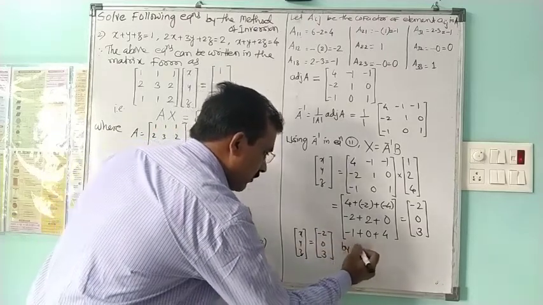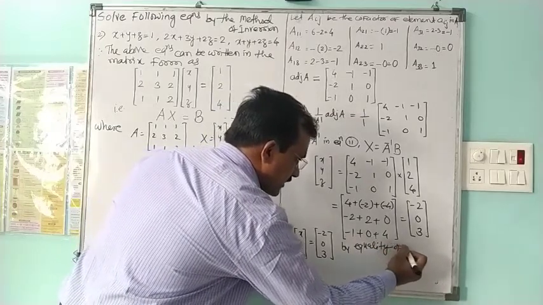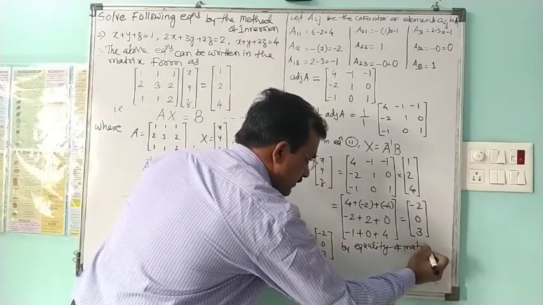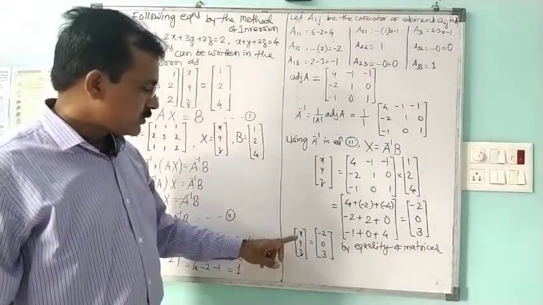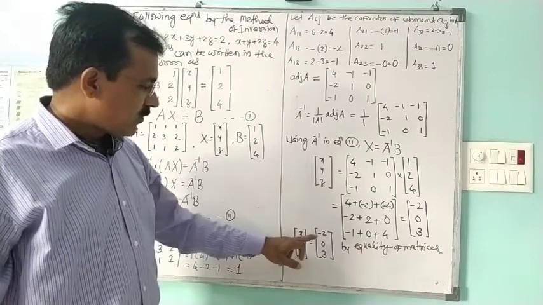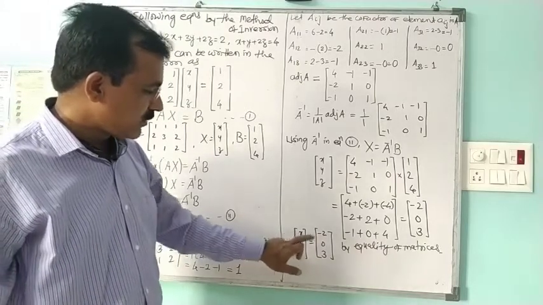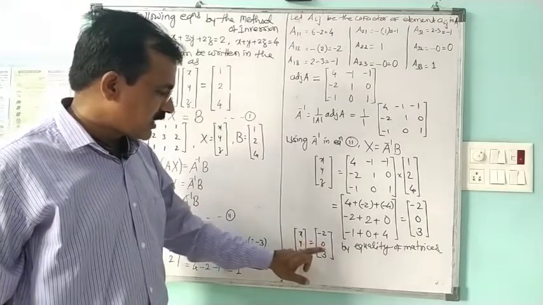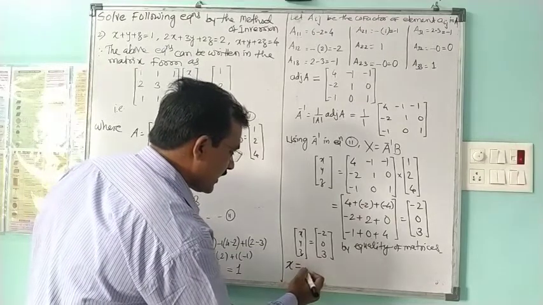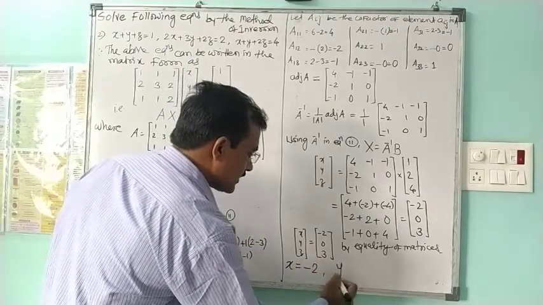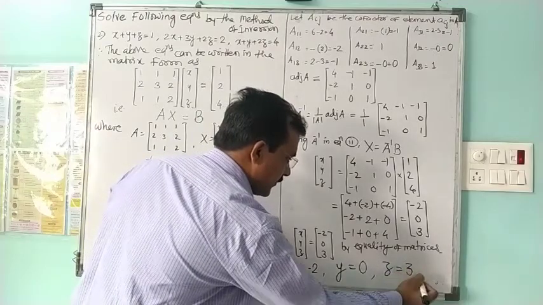So by equality of matrices, we have a chance to equate them. To get the value of small x, we equate them to the right hand side matrix: first number with the first number, second with second, third with third. So we get that x is equal to minus 2, y is equal to 0, and z is equal to 3.